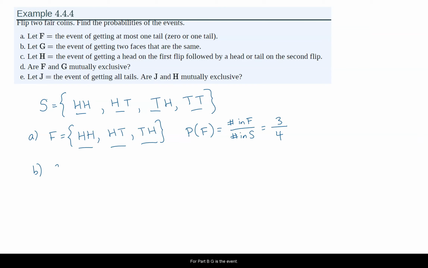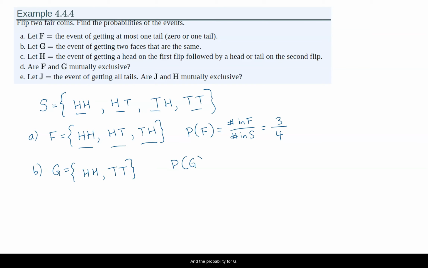For part B, G is the event of getting 2 faces that are the same. So here, 2 faces the same would mean we have 2 heads, or we have 2 tails.